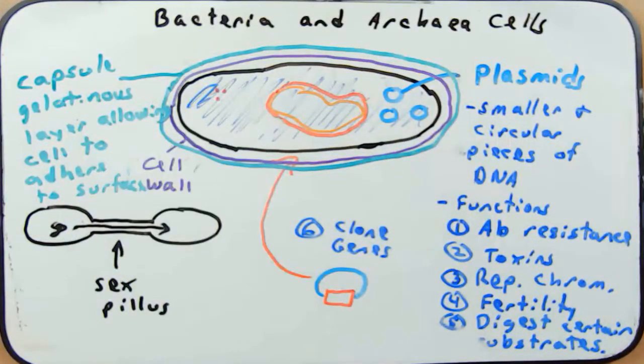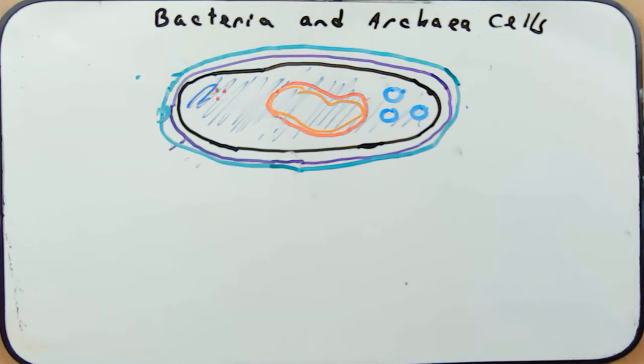So essentially it allows it to stick to things. And this protects the cell from the immune system, and it also protects the cell from being digested by phagocytic cells. This is a very important adaptation for bacteria to evade destruction by the immune system and allowing it to survive.